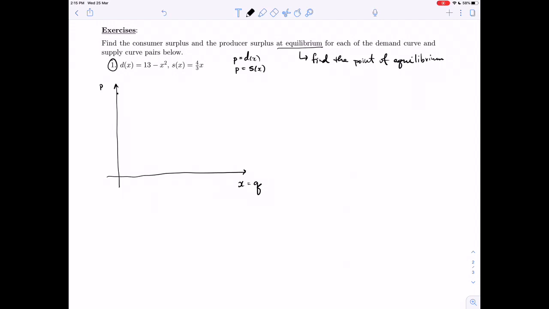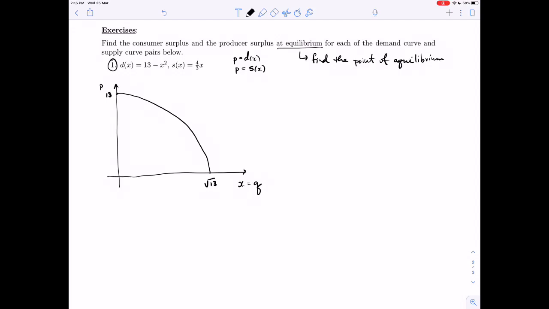Our demand curve is a downward facing parabola, so let's go ahead and sketch something that looks like that. The demand curve is decreasing, very often decreasing. And we have the x-intercept at root 13 and the p-intercept at 13.